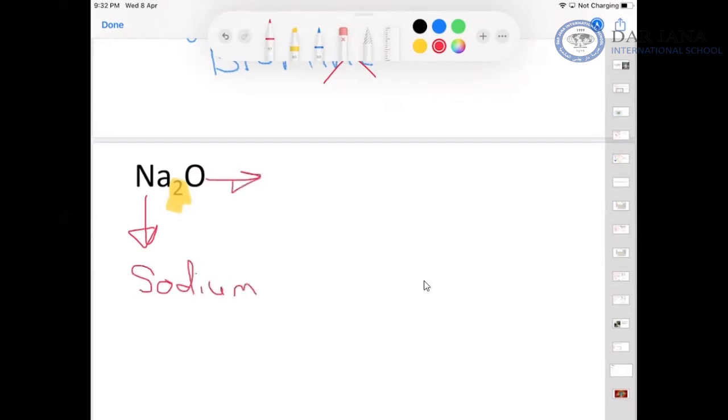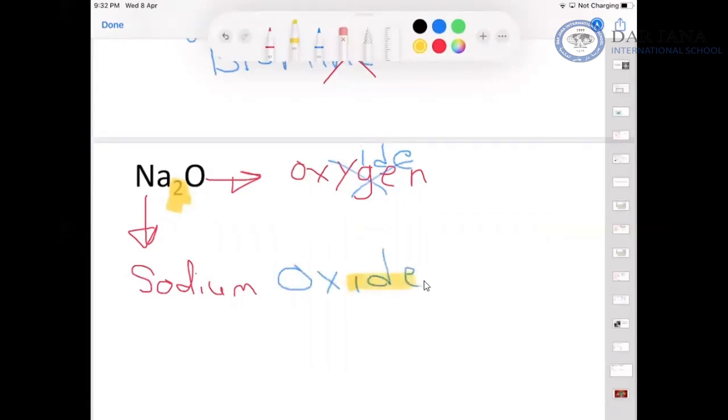Oxygen is the non-metal, but remember the name of the non-metal should end with the suffix IDE, so I'm not going to say sodium oxygen, no. I will change it into IDE, so it will be sodium oxide. So Na2O is going to be called sodium oxide.